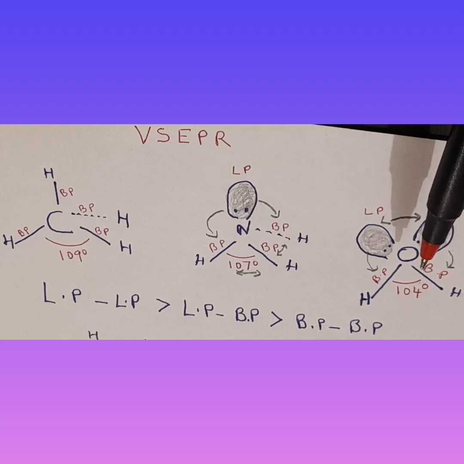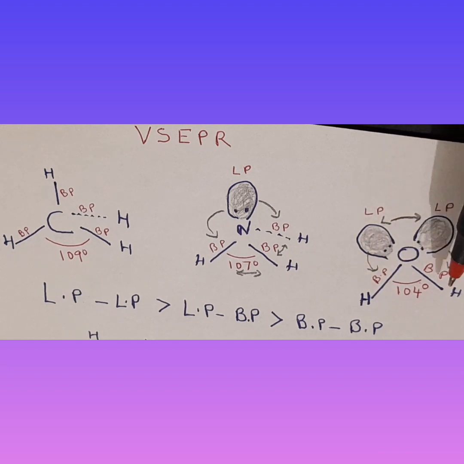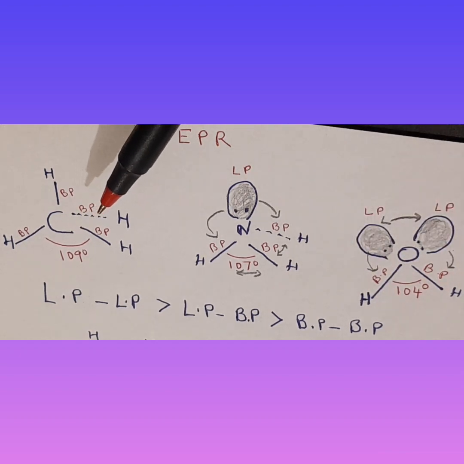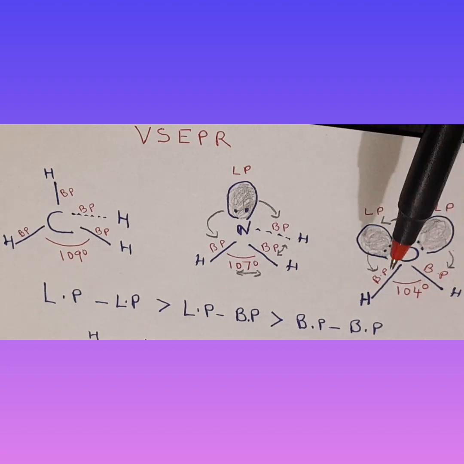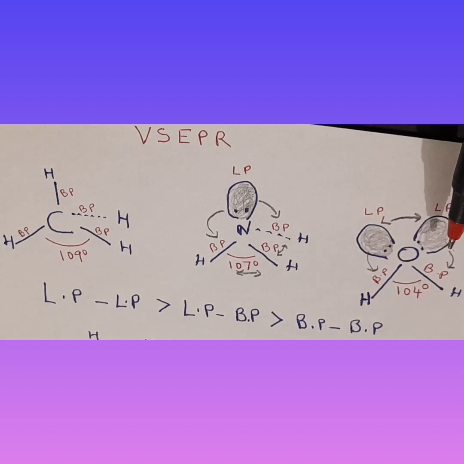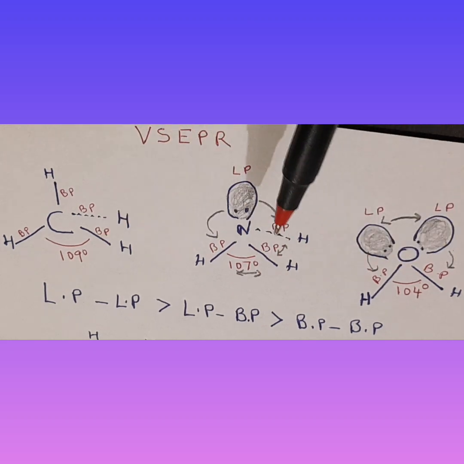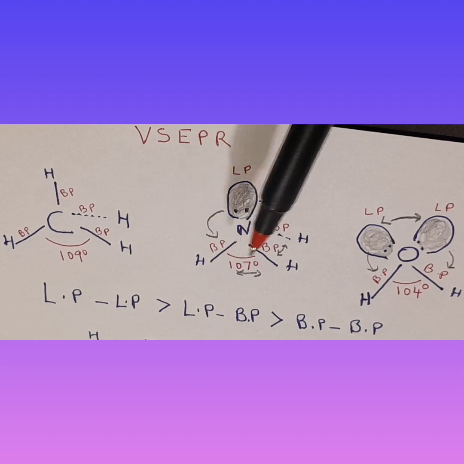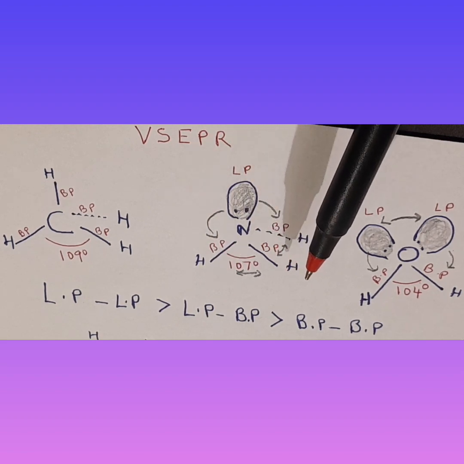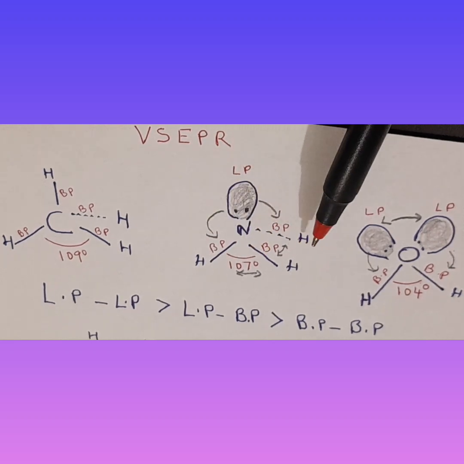Now again come to water. In case of water, it has got just 2 groups attached and 2 lone pairs, whereas the others have 4 groups or 3 groups attached. So what do these lone pairs do in VSEPR? What happens here is, this lone pair of nitrogen repels the bond pairs. These are bond pairs because it is about the bond between nitrogen and hydrogen, nitrogen and hydrogen, and nitrogen and hydrogen.